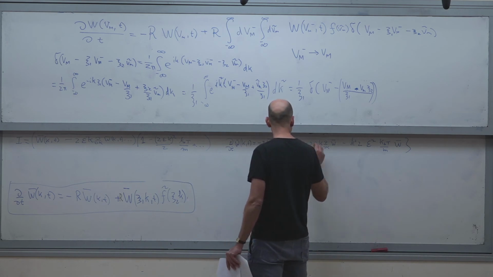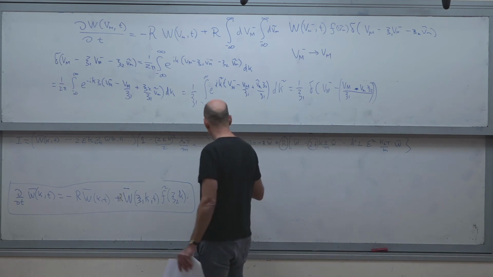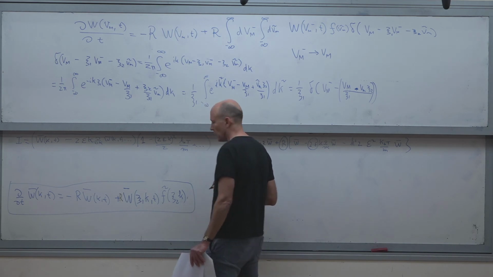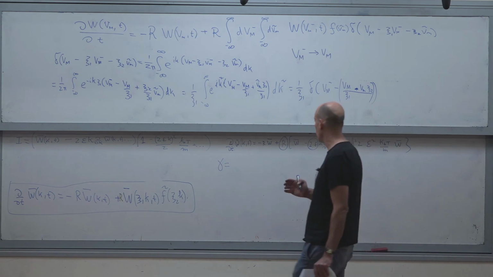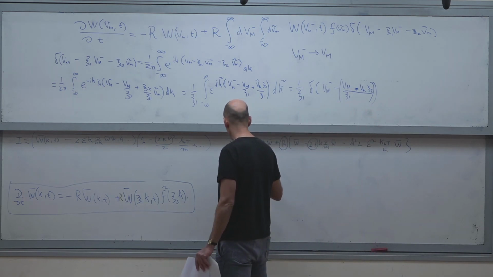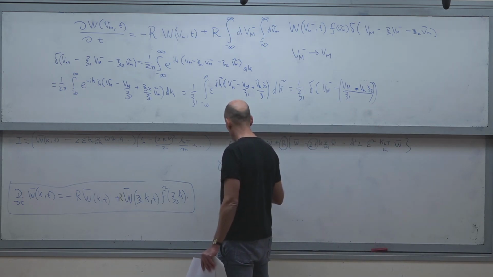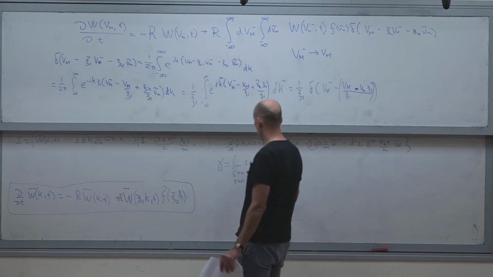You see we have here r times 2 epsilon. So we are going to define gamma, which is 1 over the relaxation time, which is like the Stokes law if you want. This is the limit of epsilon to 0, r to infinity if you want, of 2 epsilon times r. So what am I doing here?